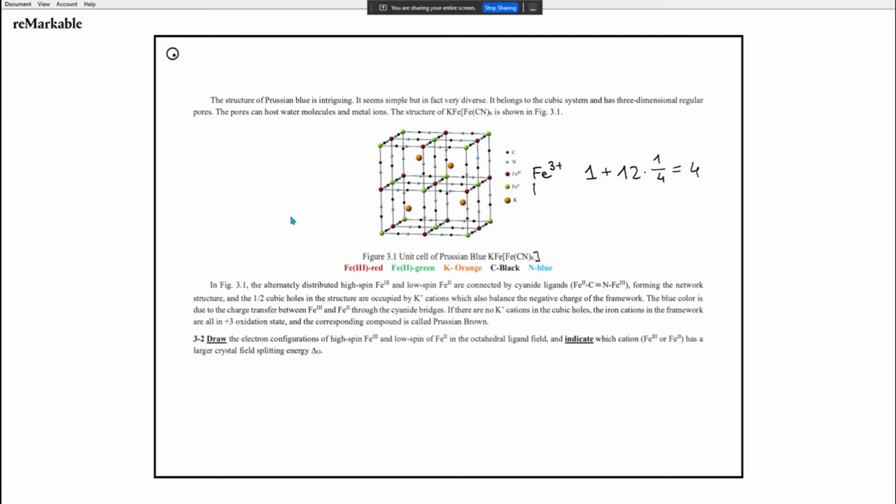Now let's do the same for iron 2+, which are at the corners and also at the faces. There are 8 corners, multiply by 1/8, and you have 6 faces which are shared between 2 unit cells. So we multiply by 1/2, and we have 4, which is great. So that is right.